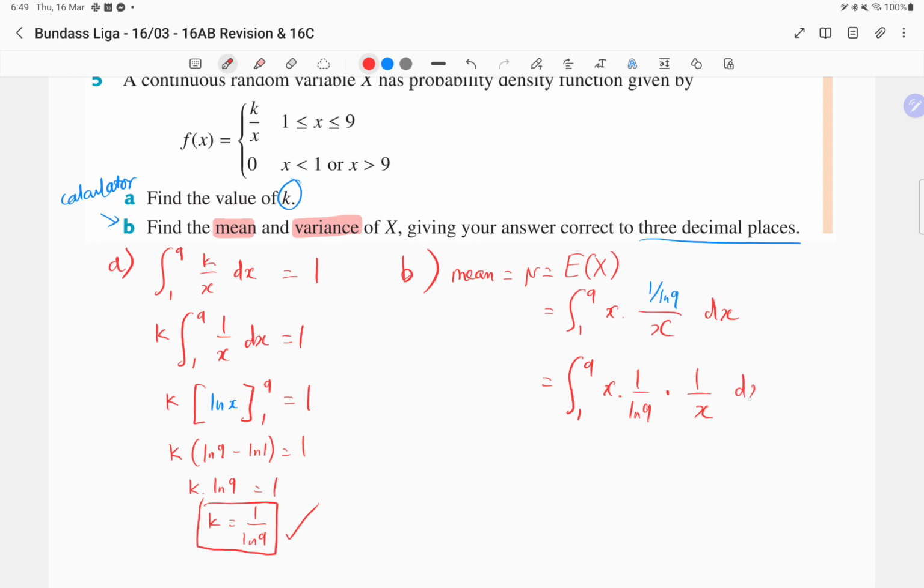Alright? Okay, so remember, either you can multiply this with the 1, or you can take it out as a normal fraction multiplication, right? Which is what I did there. And so that means that the 2x even will cancel out each other. What will be 1 over 9 times, sorry, integral from 1 to 9 of 1 over ln 9 dx.